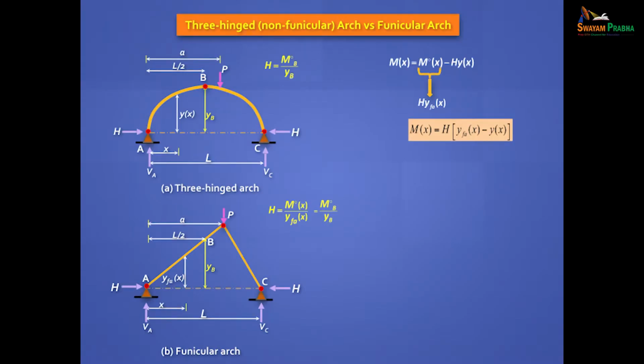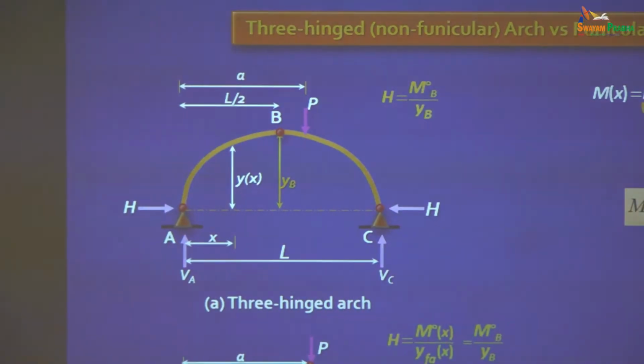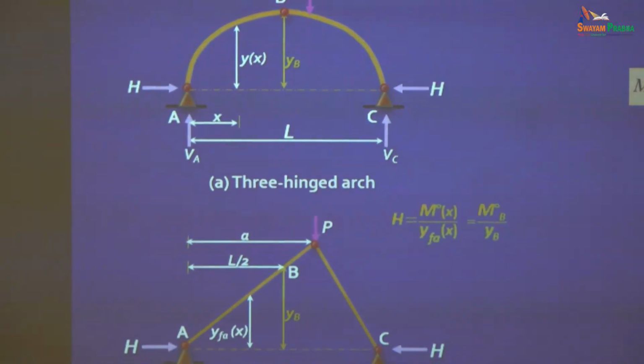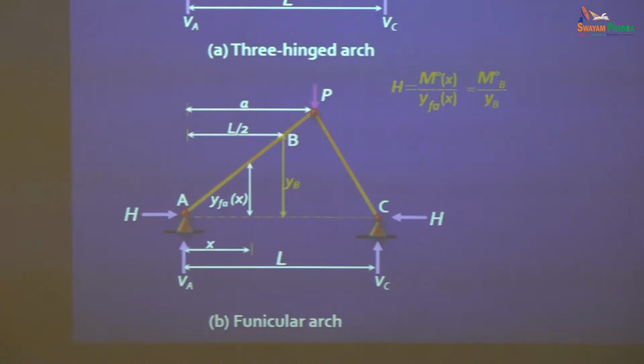Now, if you're giving some other rise, Y of X different from Y FA of X, you're going to get a moment. And the actual moment will be the same H into the difference in these heights, Y FA minus Y of X. If Y of X is equal to Y FA of X, then M of X is going to be 0. Otherwise, it will be non-zero. That's a way to look at it.